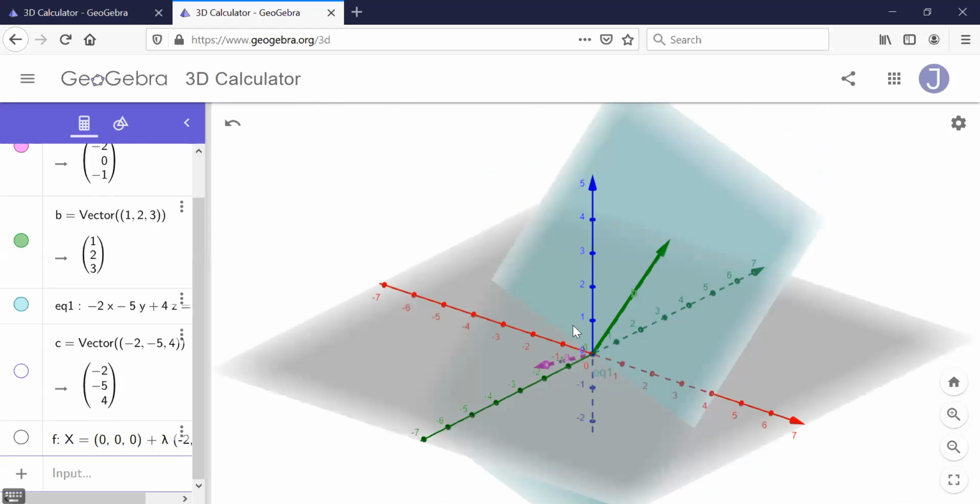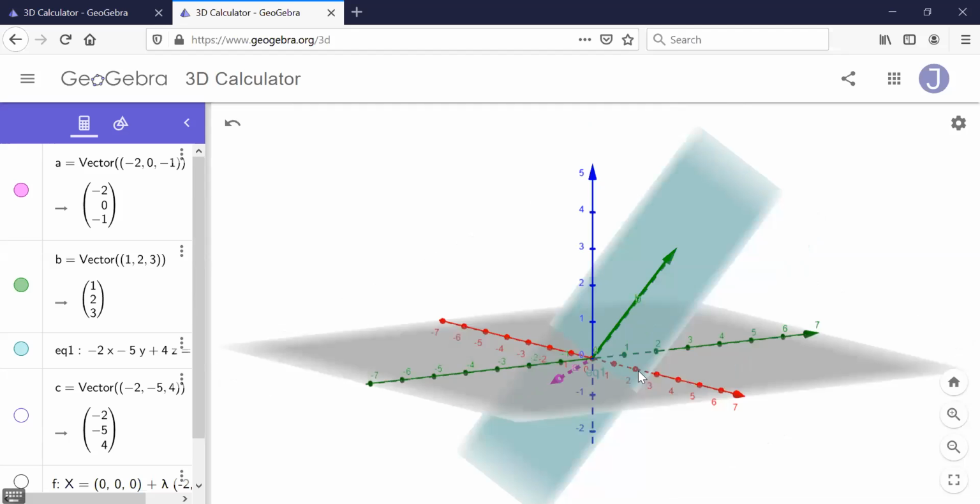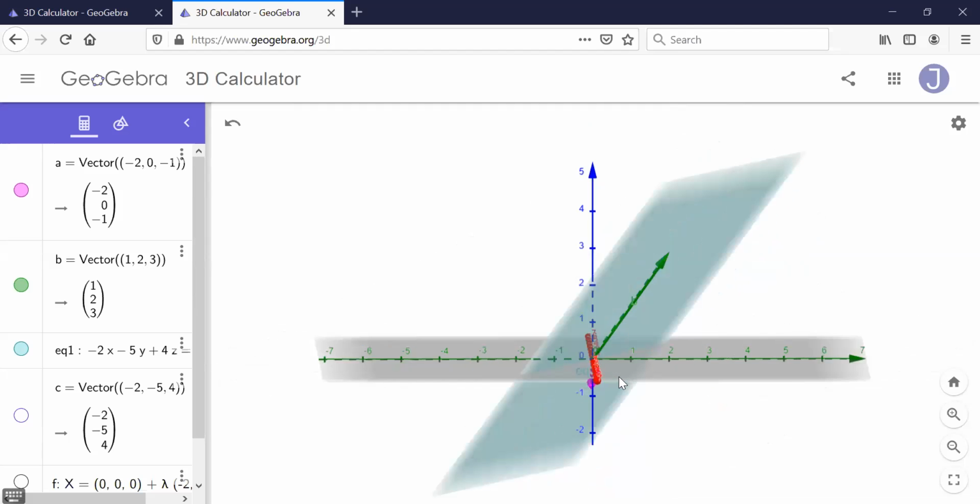What about the column space of matrix A and the null space of A transpose? So here I've got the column space vectors of -2, 0, -1, and 1, 2, 3 in pink and green. And you can see that they span a plane.